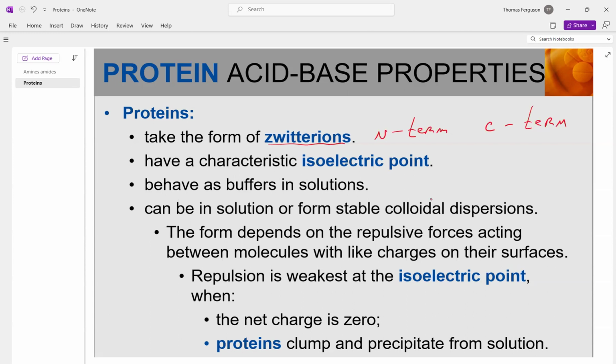And because of that, they have an associated buffer pH. And that's what leads to the isoelectric point. So because amino acids can act as buffers, that's where the isoelectric point is derived.